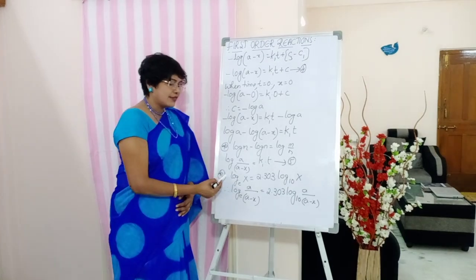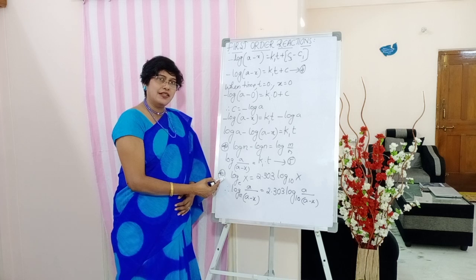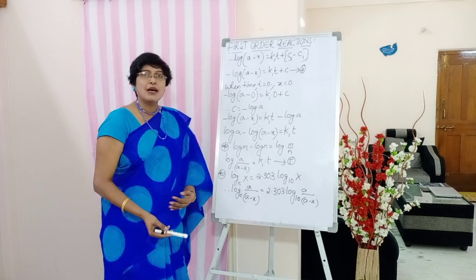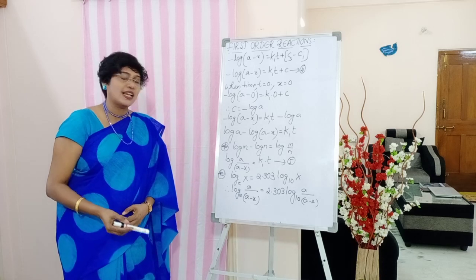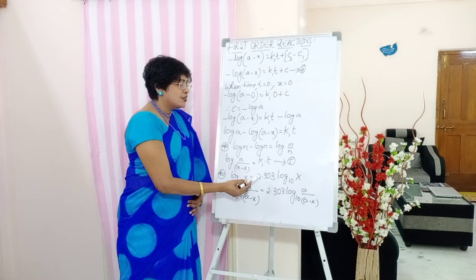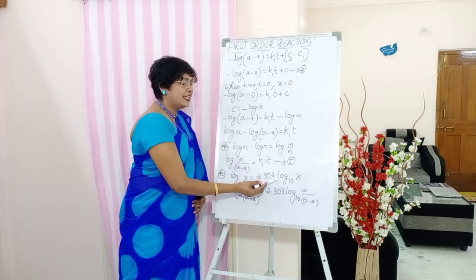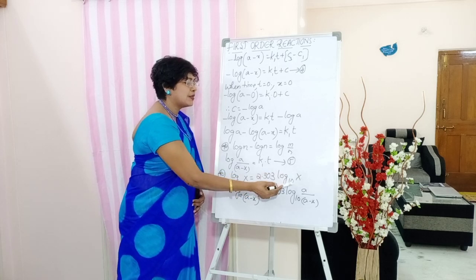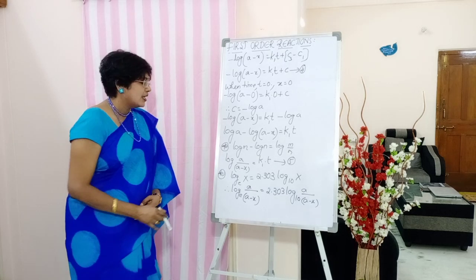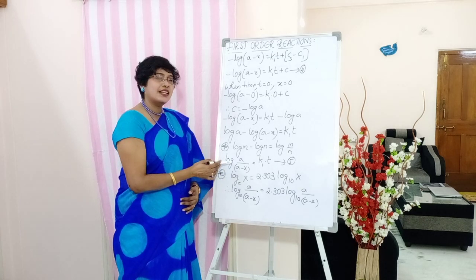Even if you don't know, write down, because we have learned these in mathematics in earlier classes. So log of x base e is equal to 2.303 into log of x base 10. Written? Okay.